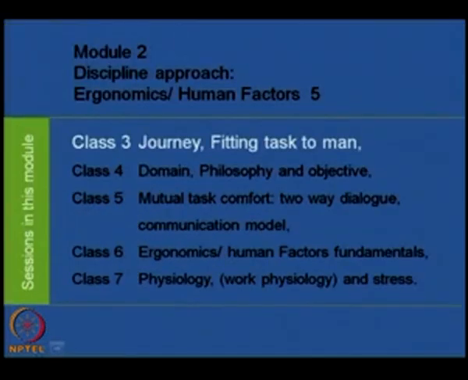These 5 classes, the sessions in this module, are the 3rd, 4th, 5th, 6th and 7th, and today's class is the journey of ergonomics, how it originated and where it is at present, and fitting the task to man.